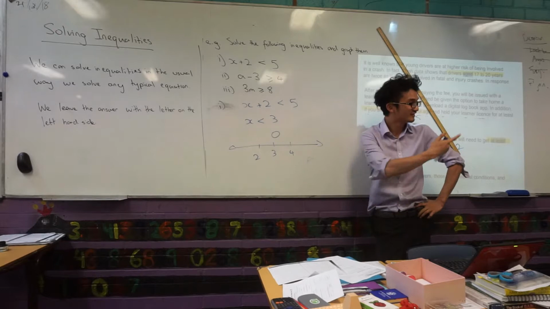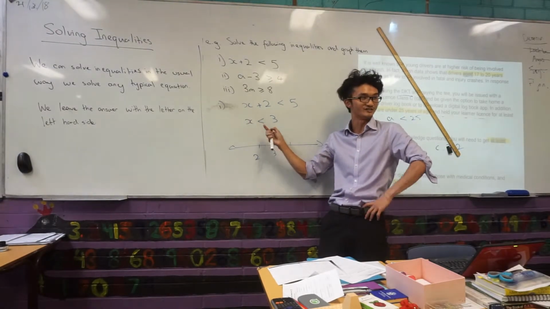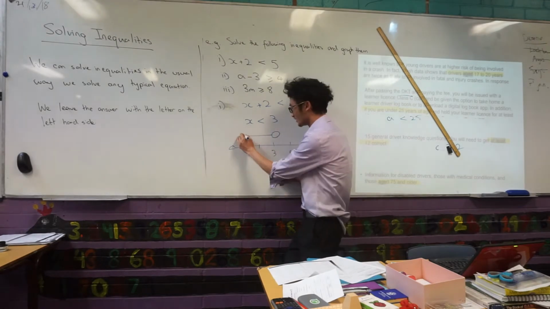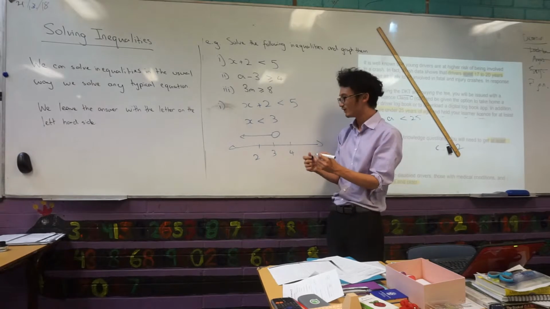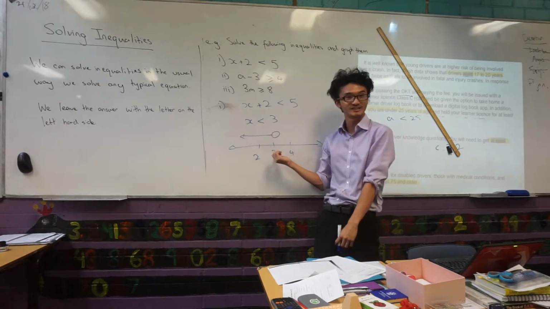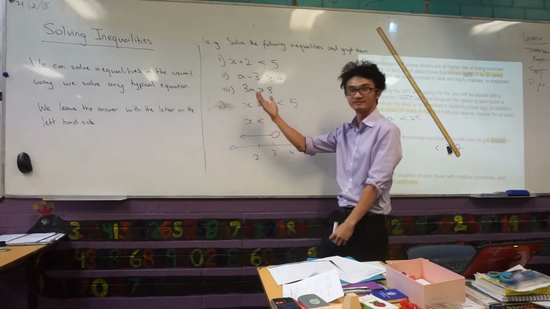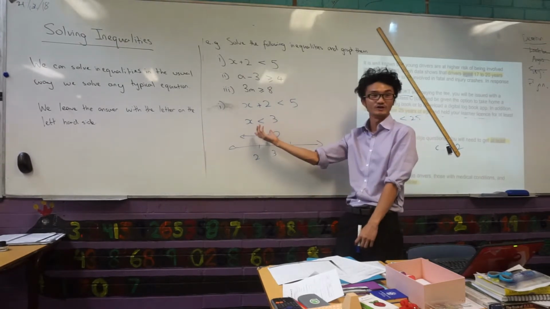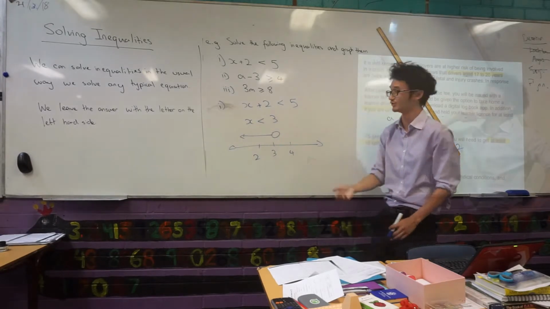Yeah, the arrow that you draw will be the same direction as this inequality sign here, right? You can just draw the line out as the same shape as that inequality symbol, or you can just think about, okay, I want the numbers less than 3, that's going to be 2, 1, and so on and so forth. That's it, that's all you have to do. You solve inequality like a normal equation, and then you can just graph it, just like you usually do.